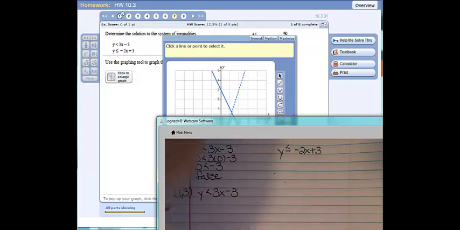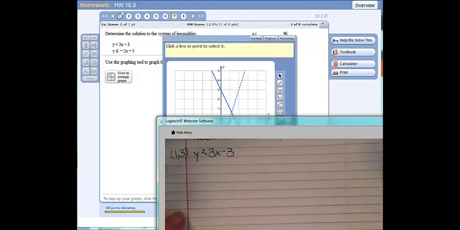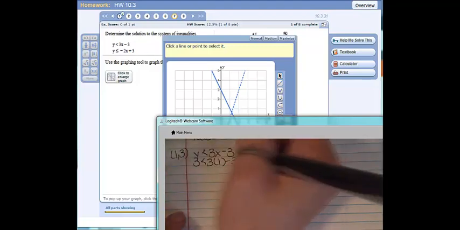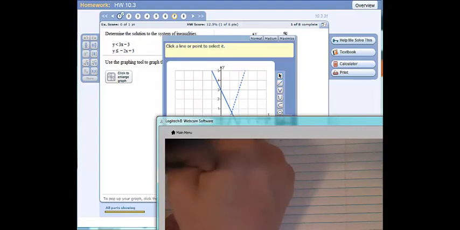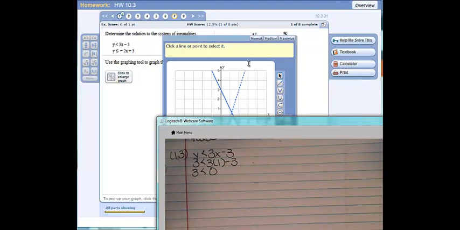So I'd have to put a 1 in for my x's and a 3 in for my y's. So I have 3 is less than 3 times 1 minus 3. So 3 is less than 0. Is 3 less than 0? Nope. Okay, so since that's a false, we know that it's not that section.